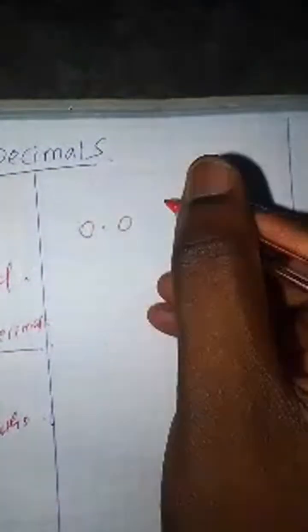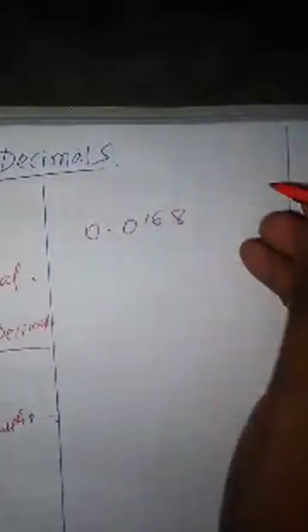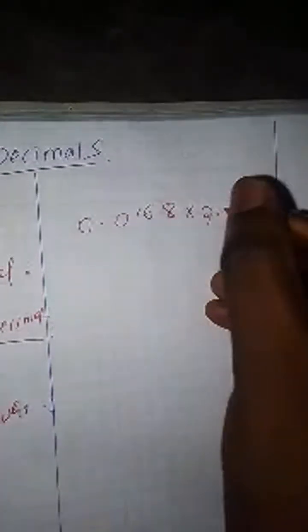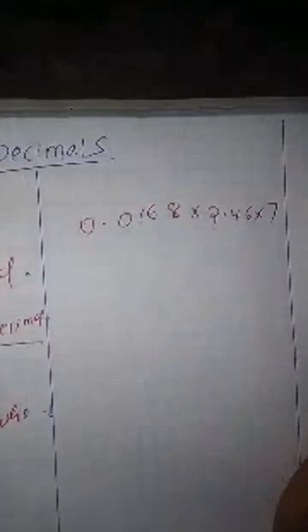I want us to look at another example here. This example says it this way. The example is 0.0168 multiplied by 2.46 times 7.